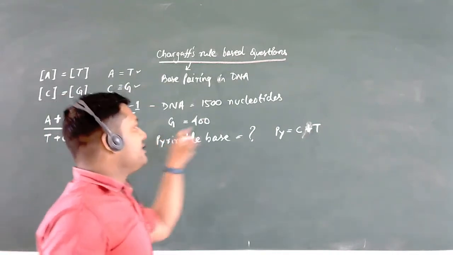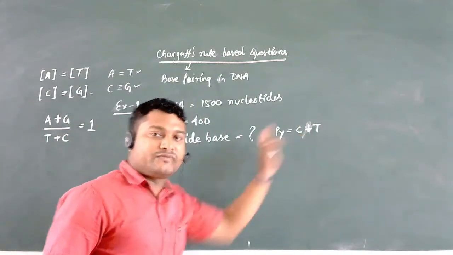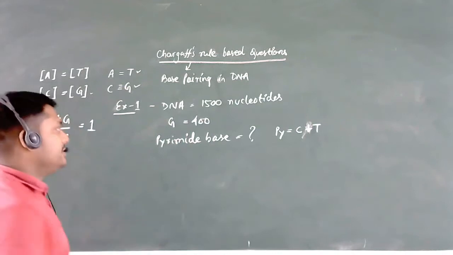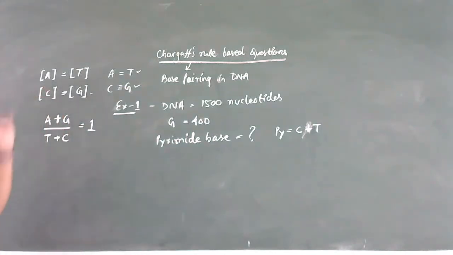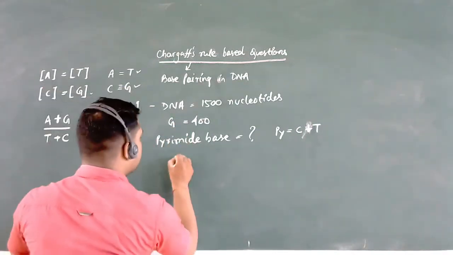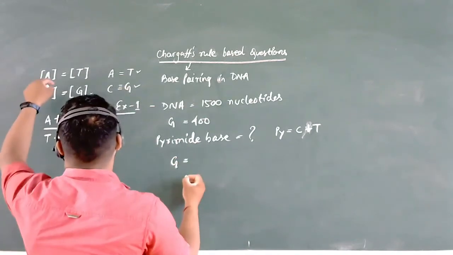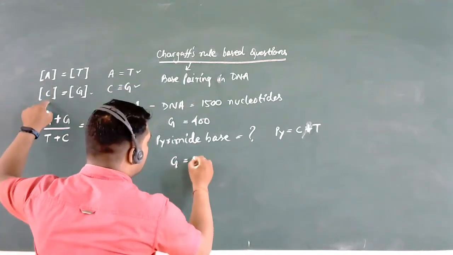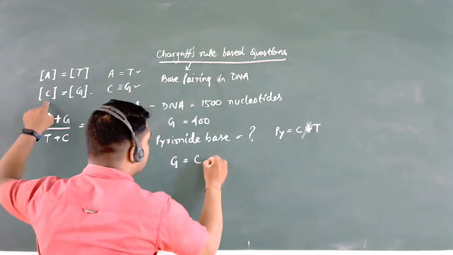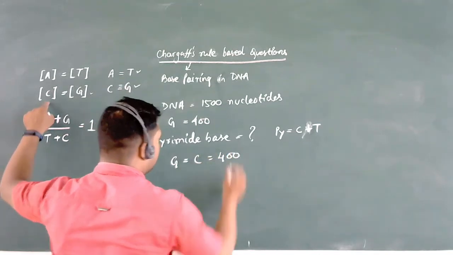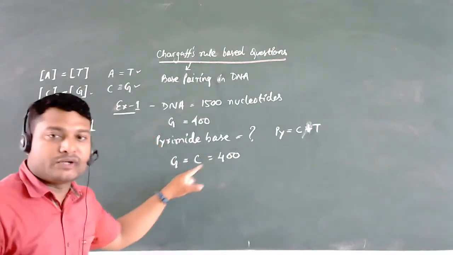You have to find the value of C and also the value of T. Guanine is equal to cytosine, so guanine is 400 and cytosine is also going to be 400.